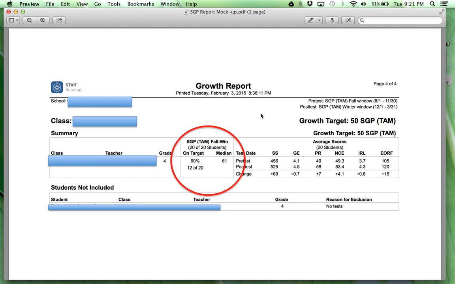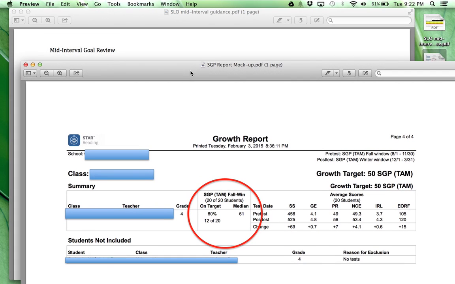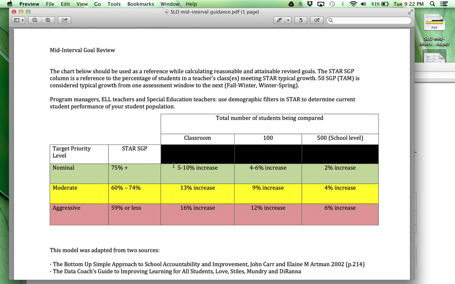And so, again, taking a look at this, we want to take a look at the number of students, so the 12 of 20 have demonstrated typical growth. So according to the other document that we had pulled up before, that teacher would want to set a goal of a 13% increase at the classroom level.